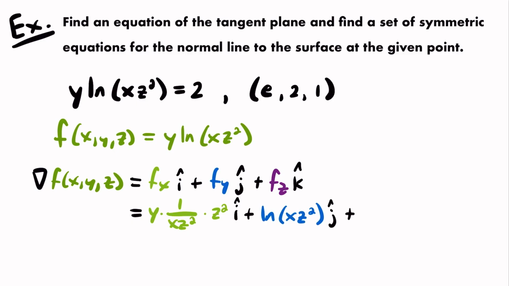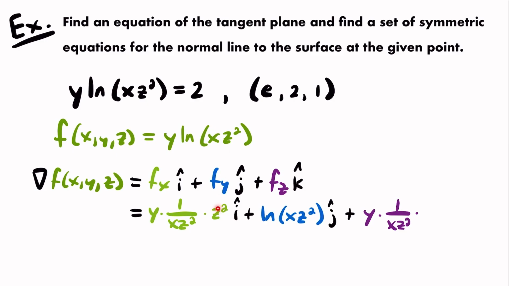And then finally, let's take the partial derivative with respect to z, or let's find fz. And z is inside the natural log function, so we do need to take the derivative of that again. That y will still be on the outside, but it will be multiplied by the derivative of the natural log function here. So once again, we'll have 1 divided by that inside function of x times z squared, but now we're multiplying by the derivative of the inside function with respect to z.